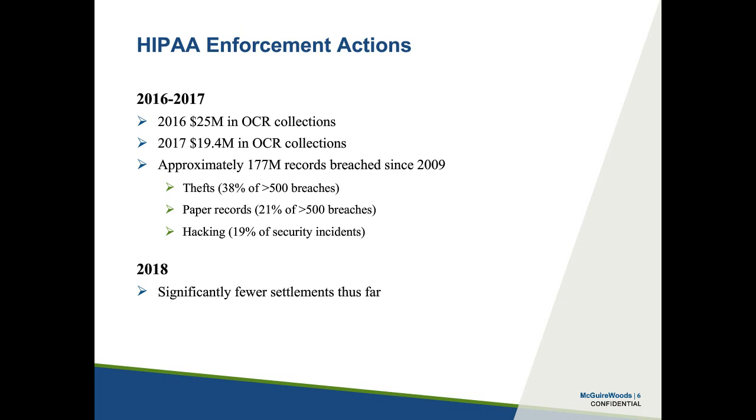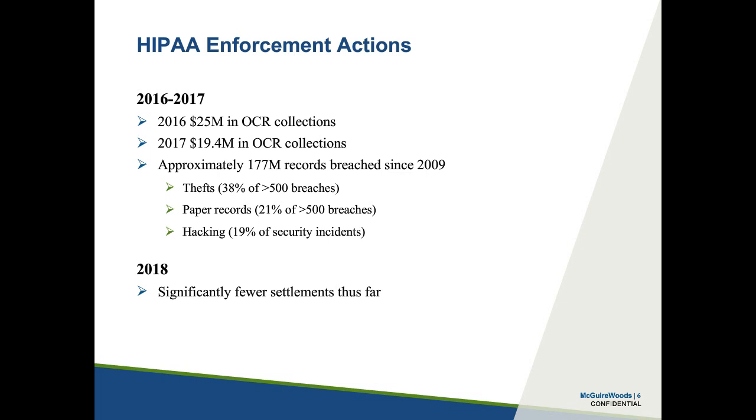Paper records certainly require their own security safeguards. However, paper records are not governed by the security rule piece of HIPAA, only the privacy and breach notification rules. So when you're doing that risk analysis under the security rule, that only addresses ePHI, not paper records.